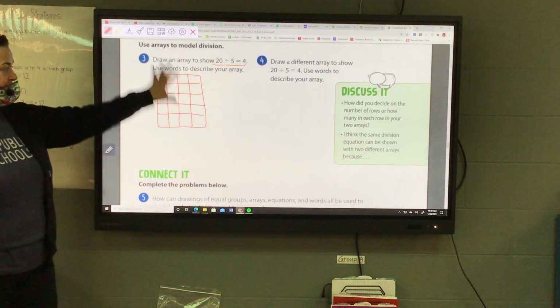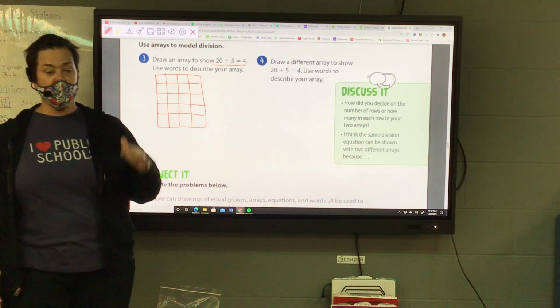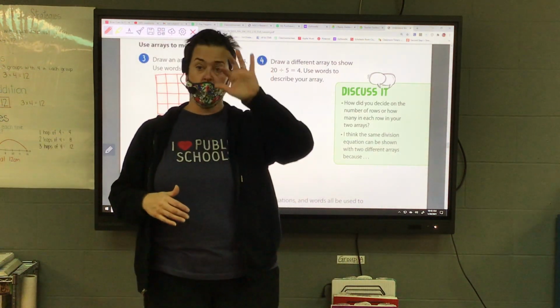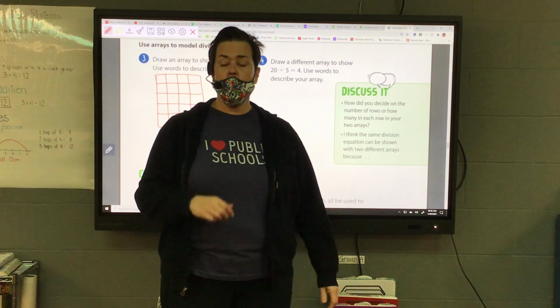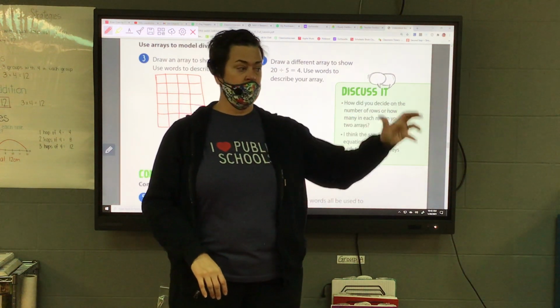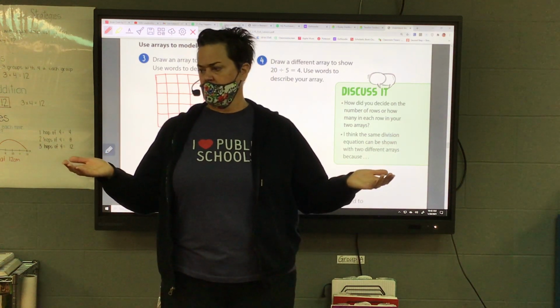There's 20 there. You split yours either into 5 rows with 4 in each row, or you split it into 4 rows with 5 in each row. Does it matter which way you did it?